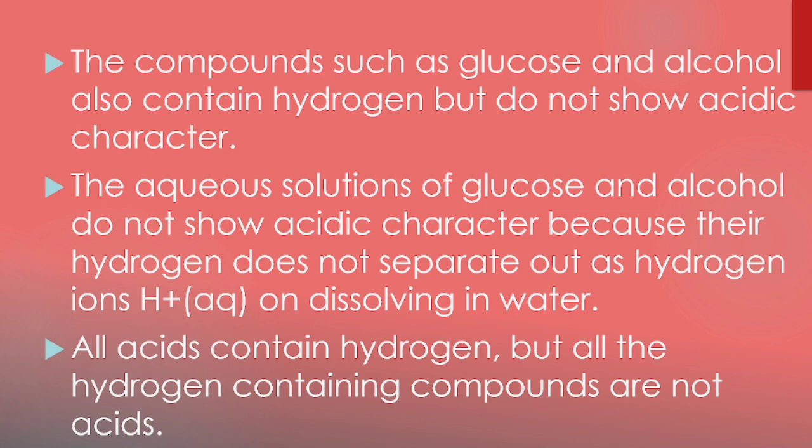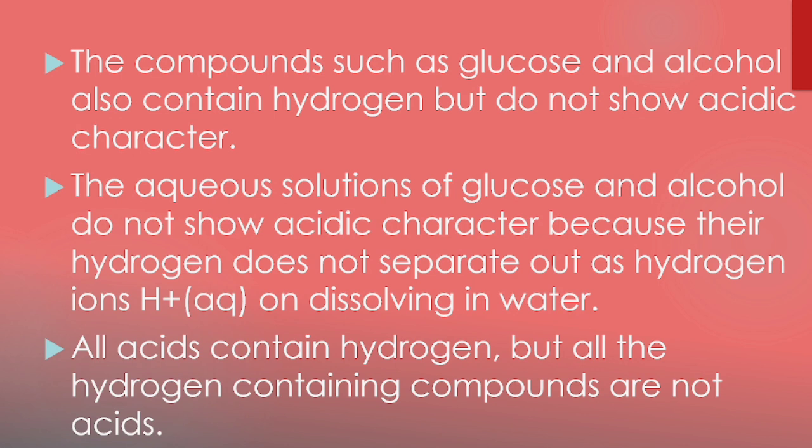From this, what can we conclude? All acids contain hydrogen, but all the hydrogen containing compounds are not acids. Hope you are clear with this concept we learned. I will just summarize. Acids have hydrogen present in them, and on dissolving in water, they dissociate to form H plus aqueous ions, or otherwise we call them hydronium ions.